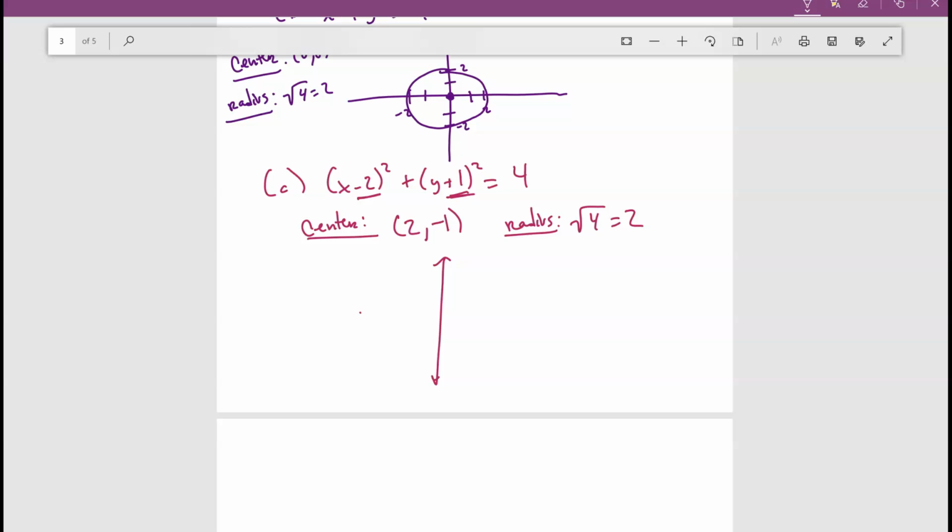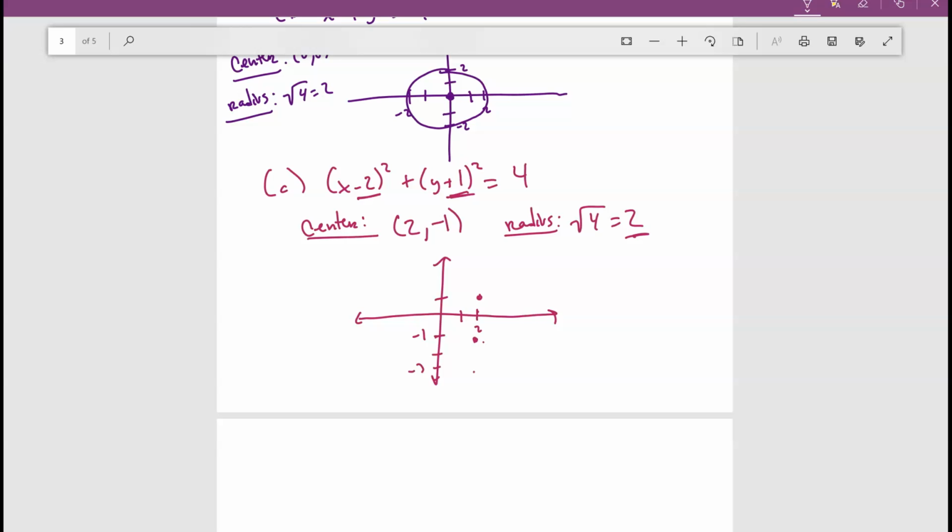Well, let's first start off with the center. The center is going to be 2, comma, -1. So here's my center of the circle. Imagine that this is a new origin. Now we're going to go 2 units up, down, left, and right. So we're going to go 2 units up, 1, 2. We're going to go 2 units down, 1, 2.